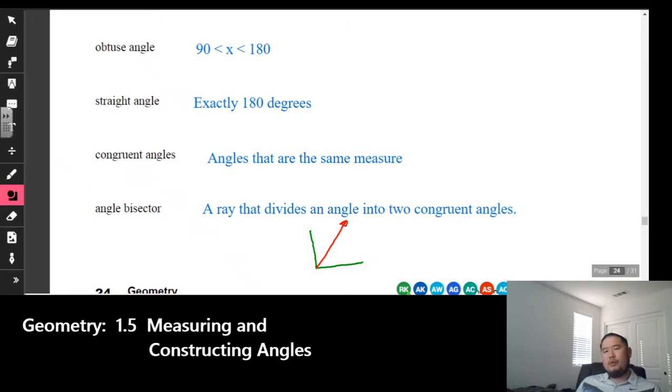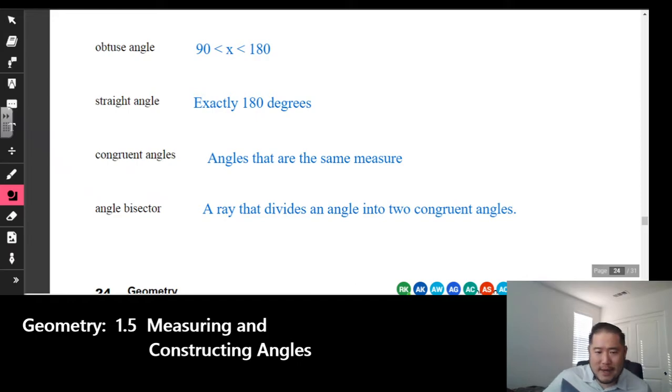And we notated segments to be congruent with the little tick mark. Right here, I know that angles are congruent because I'll put a little arch right there, and I'll put a little arch just like that, and that's how I know that those two angles are congruent. Now, if it bisects, then obviously those angles should be congruent anyways.